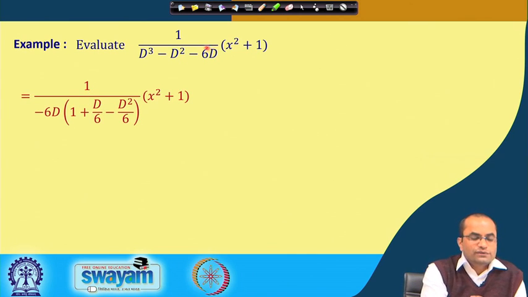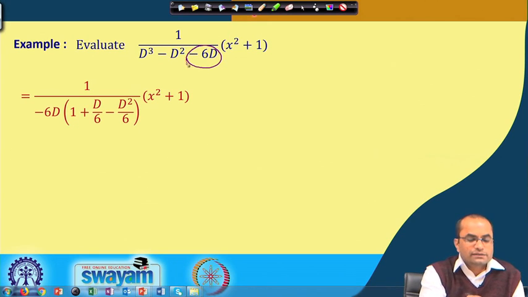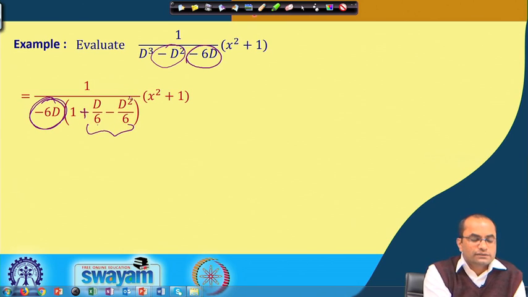What we will do is take the lowest order term from this denominator, that is minus 6D, common. Then this will be 1, and here we have minus D square, so the minus has been taken out and we will have plus there, and then 6 over D and minus D square by 6.